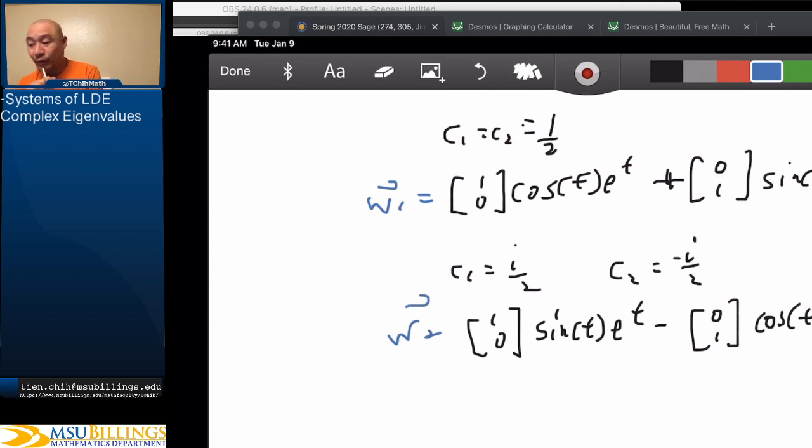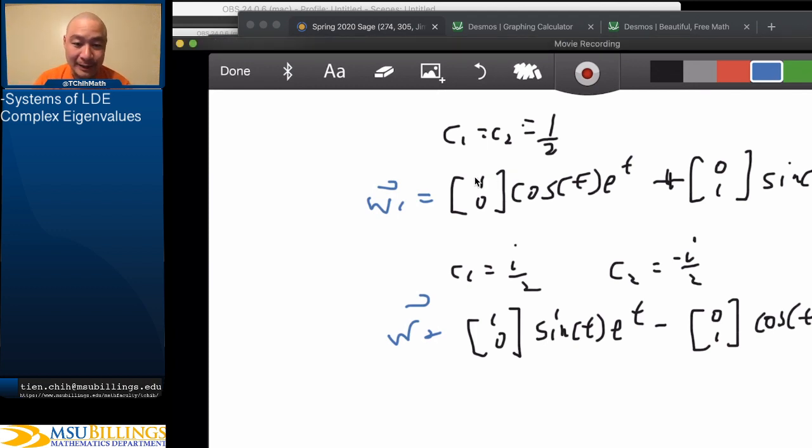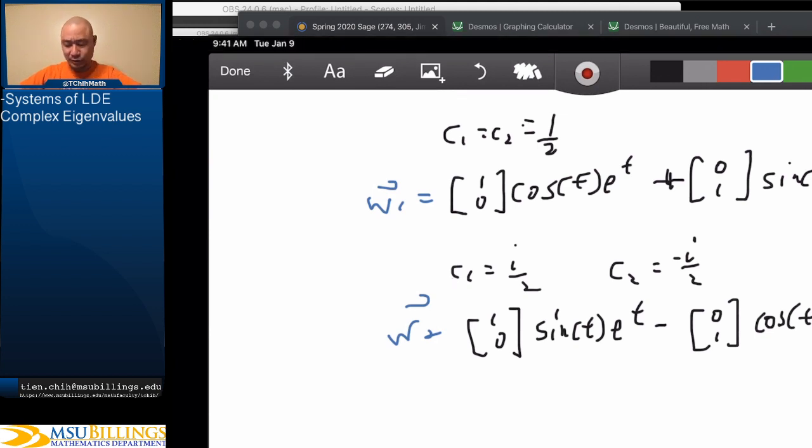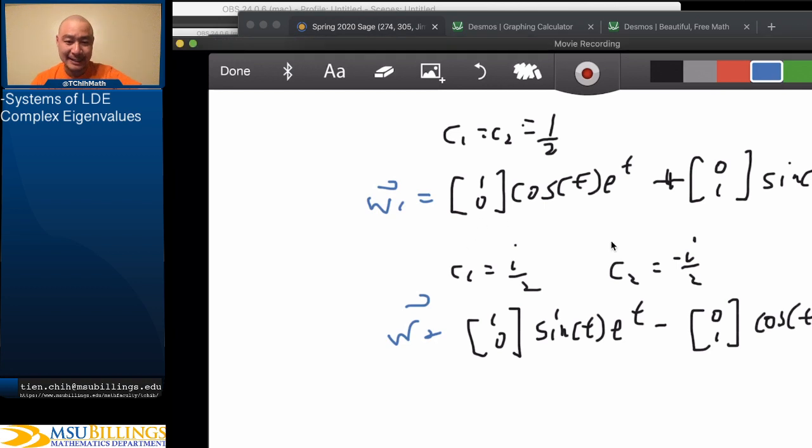And we will note then that any linear combination of this W1 and this W2 is also a solution to this system. And not only will they be a solution, I believe that W1 and W2 are linearly independent, because I can't multiply cosine by anything that will give me sine, no constant value anyway. Sine and cosine are linearly independent, and that means these two solutions must be as well.